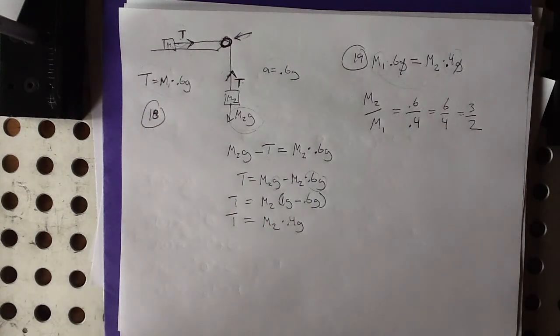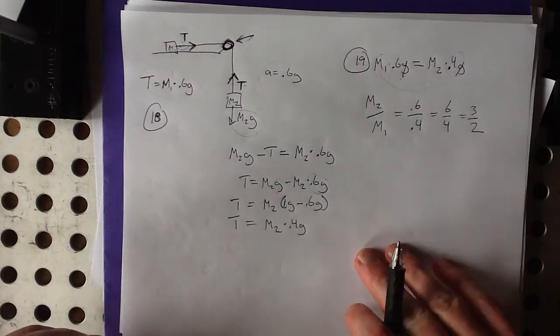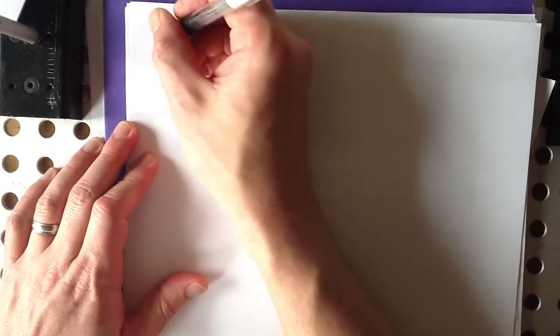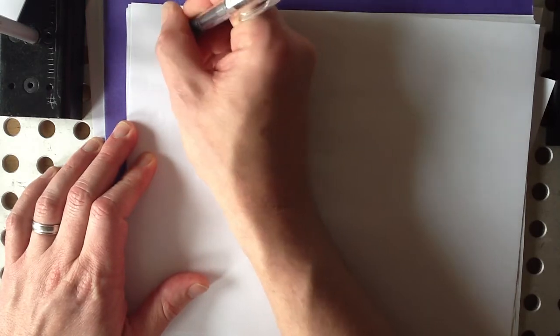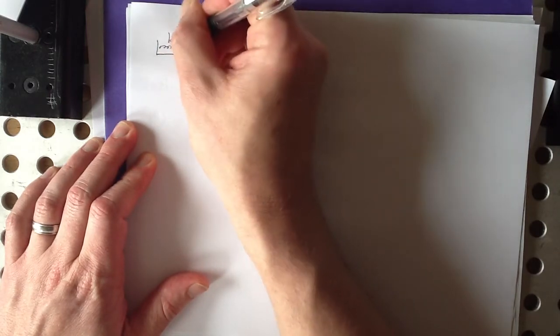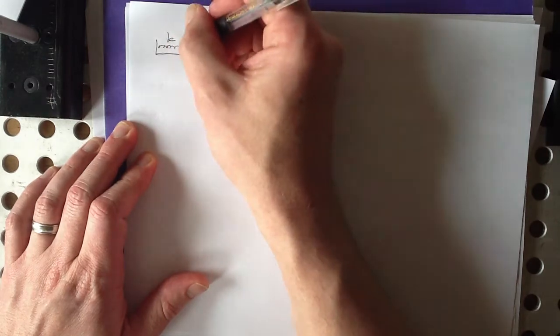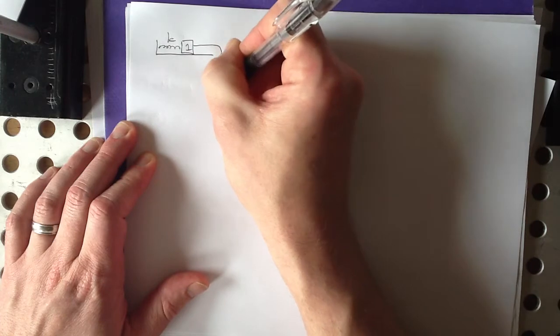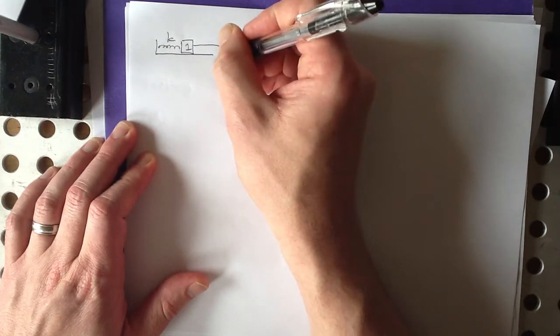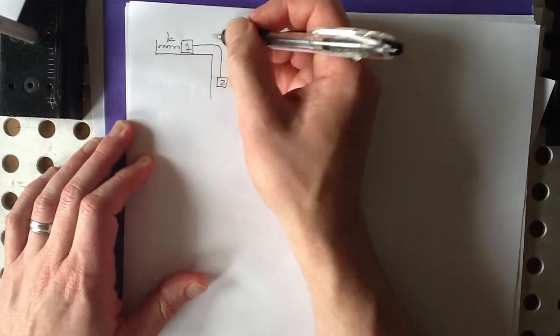Numbers 20 and 21 refer to another diagram where we have a block connected to a spring. This is block 1 over a pulley with block 2. And I think there is friction this time, so let's see what they say.